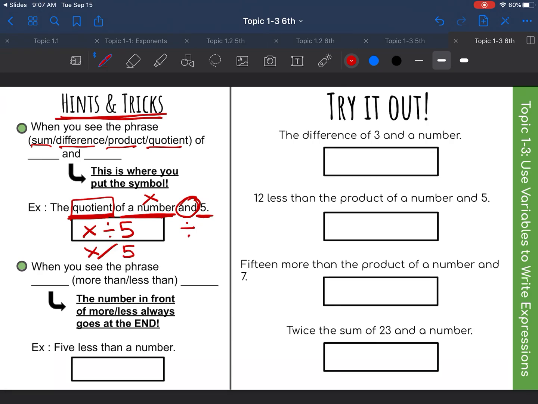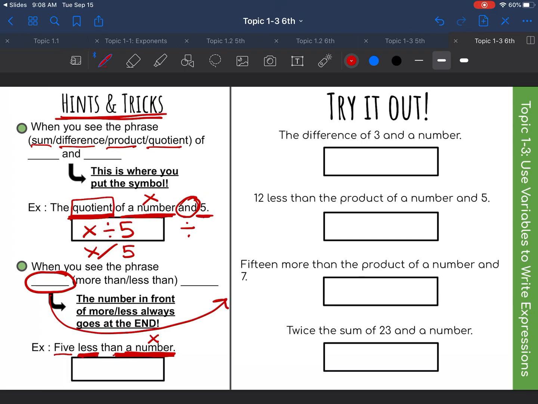The next trick I want to go over, when you see the phrase blank is more than or less than blank. It's a little weird, but the number that's in the front always goes at the end. So 5 less than a number. Now, we don't know what this number is right here, so that's going to stand for X. A variable represents that unknown.